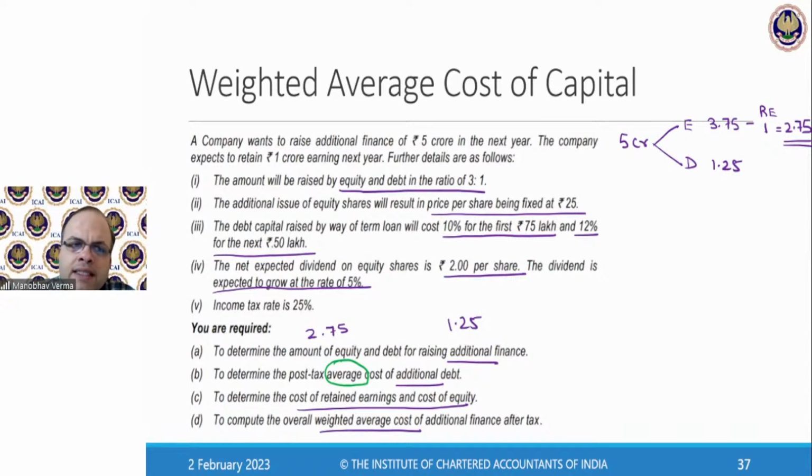10% for the first 75 lakhs is given to us. And as we need more and more debt, the debt becomes expensive, 12%. And we are looking at cost of debt, which is generally i into (1 minus T). That means for the first 75 lakhs, it will be 7.5%. And for the next 50 lakhs, it will be 12% into 75%, that is 9% if I'm not wrong.